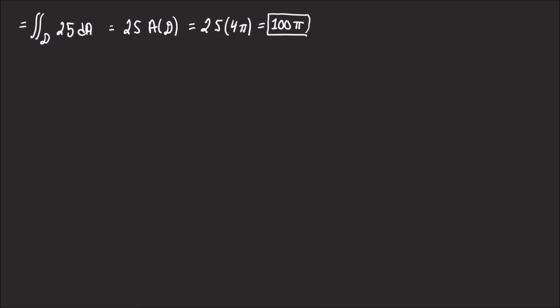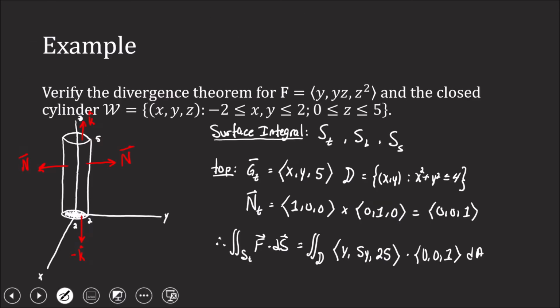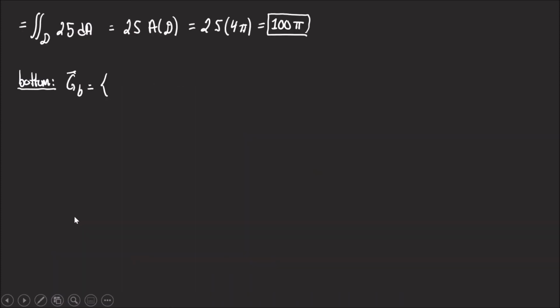For the bottom, we'll use parameterization g sub b. Now again, if we look, x and y can change, but z is fixed at 0. So x, y, 0.